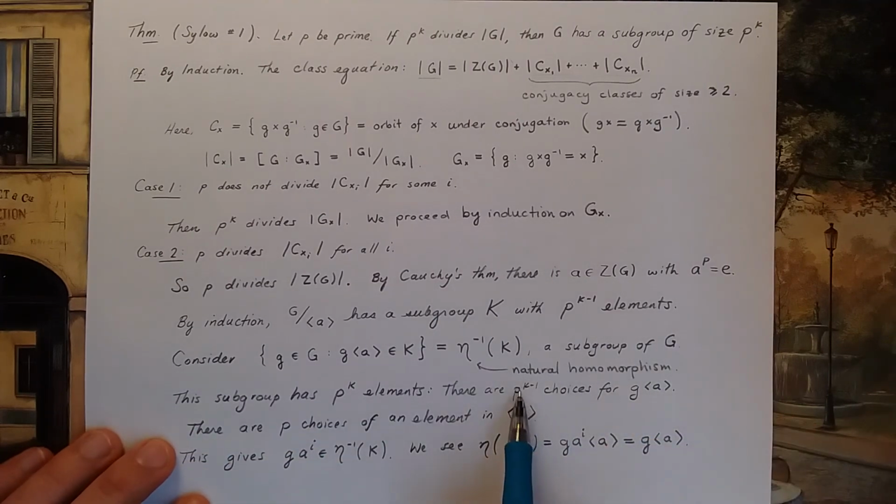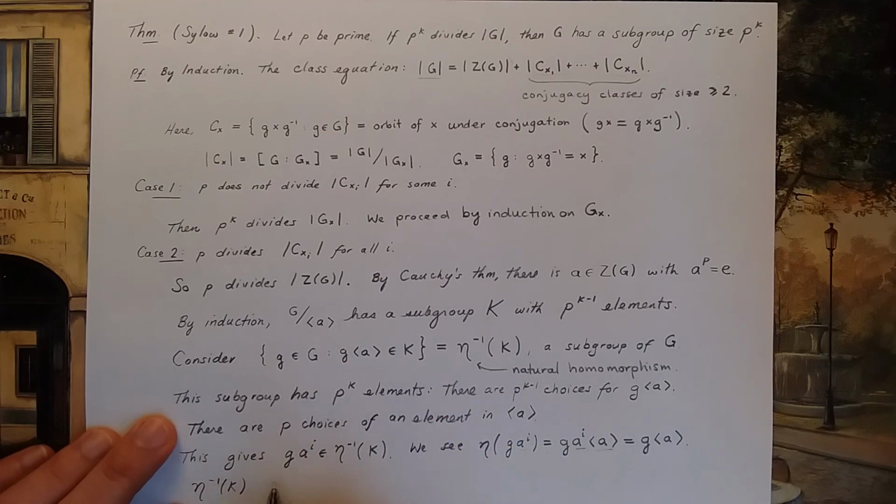So I have p to the k minus 1 choices for the coset, and I have p choices for the A that can be possibly absorbed into the coset when I apply the natural homomorphism. And so therefore, the size of this subgroup has p to the k minus 1 times p, which is p to the k elements.